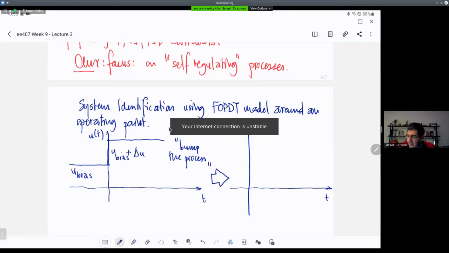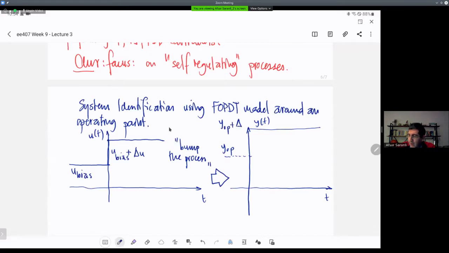So let's call this, for example, Y operating point, let's say this is our YOP. So this is Y of t. So what will happen is that the system will give you a response that's going to converge to YOP plus some delta Y. Okay, so the system response would be something like it's going to come in here. As soon as you apply the input, the system will respond and it will converge to a new value.